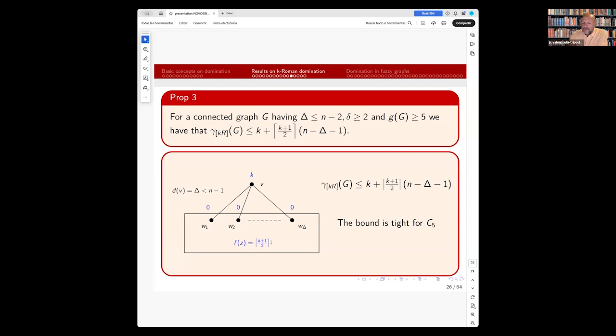So it is easy to see that this is a k-Roman domination function, and the weight is exactly the bound we were going to prove. In this case, it is easy to see that this bound is achieved for the cycle graph C5.